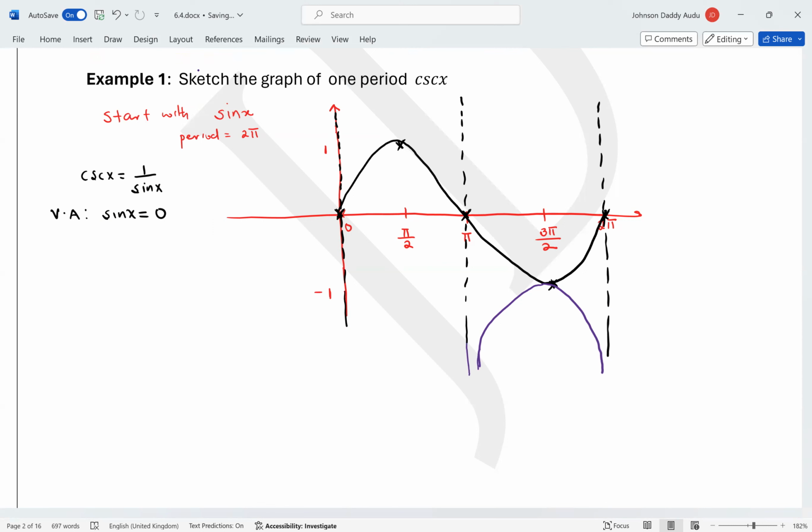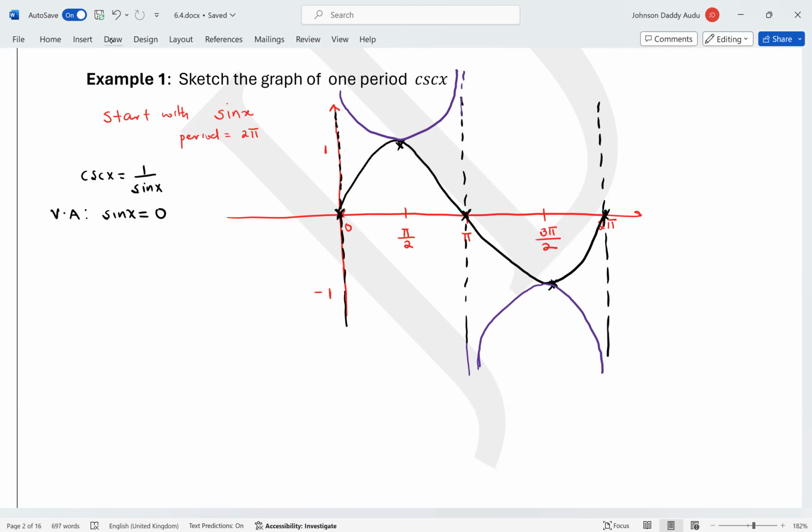And here also, it's like rotating it about this point. So the purple curve is the graph of cosec x. But this is just one period, so you can draw more than one period of it, right?